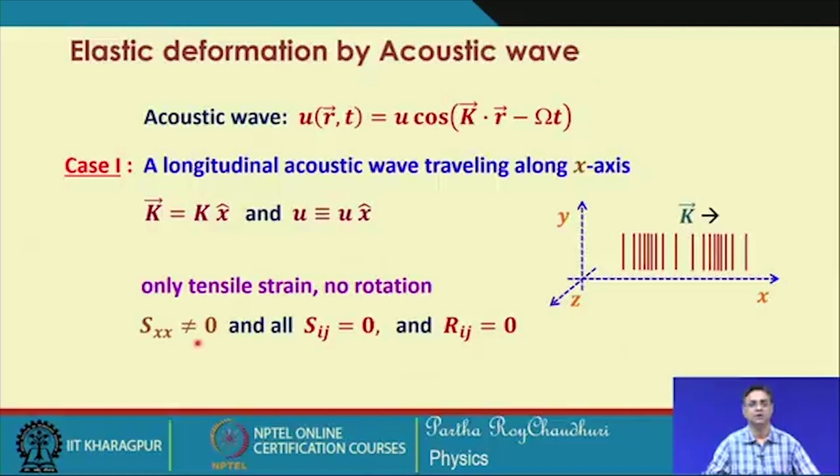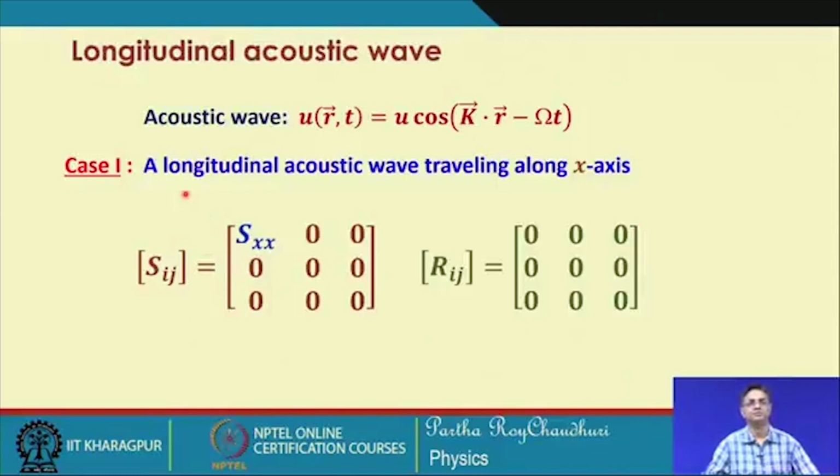So, out of this 9 component strain matrix, only one component S x x is non-zero. A longitudinal acoustic wave travelling along the x axis will create only the S x x element of the strain matrix, because all the other elements are 0.